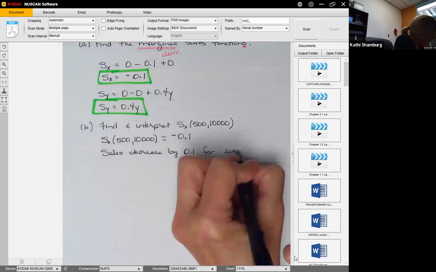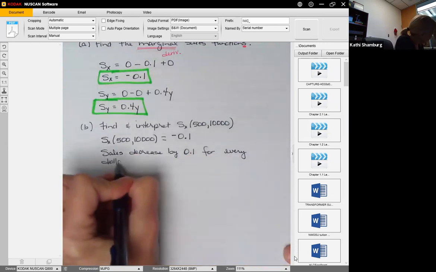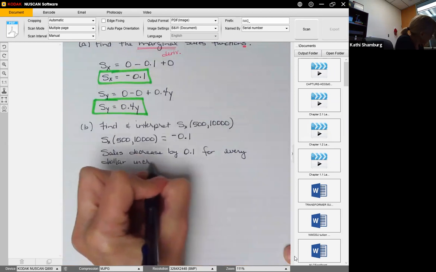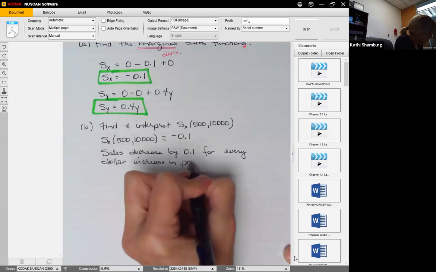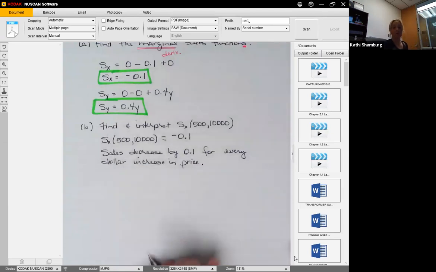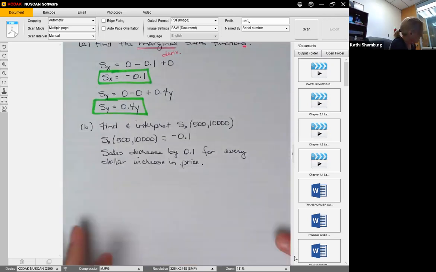For every dollar increase in price. So we're not going to increase the price anymore, right? Because sales will start decreasing.